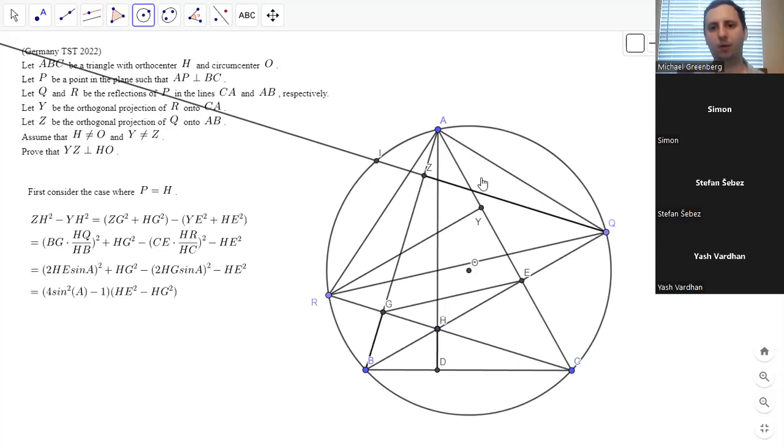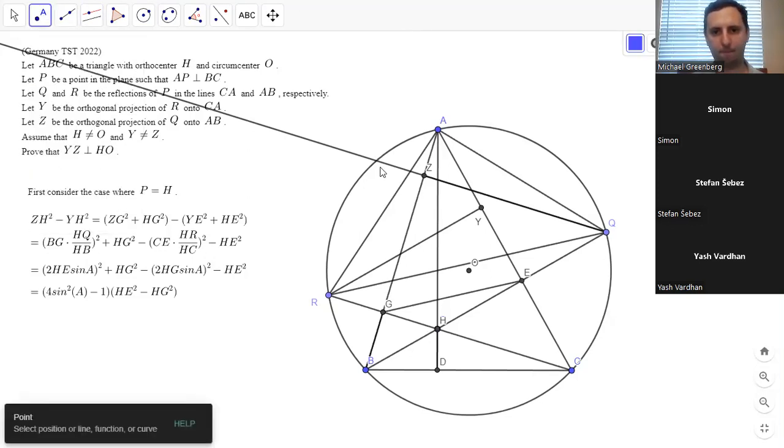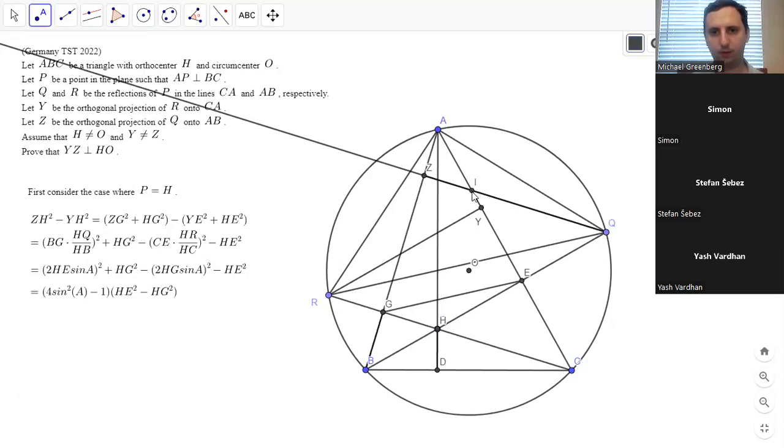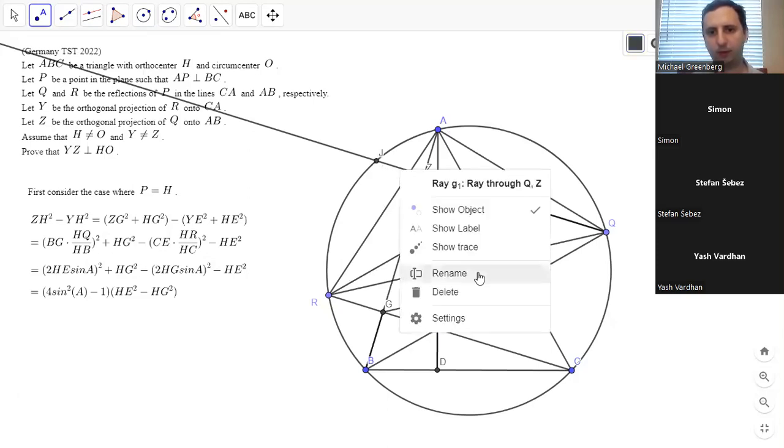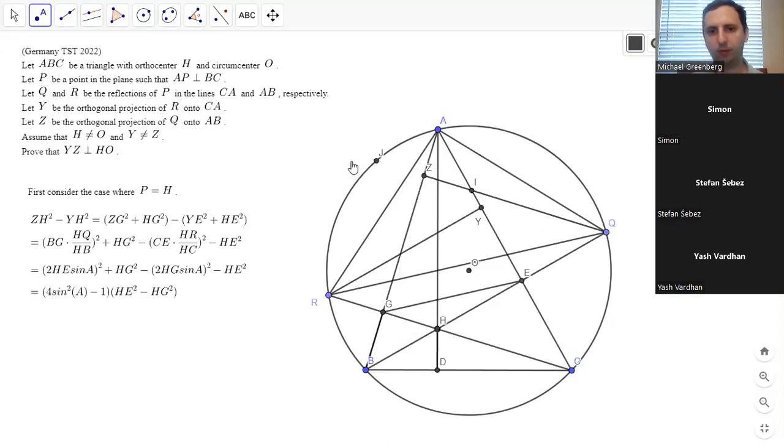Okay. So basically, yeah, I think that kind of helps solve it, because we draw this point and this point. I is going to be the orthocenter of ABQ. So when you reflect it over AB, it lies on the circle.